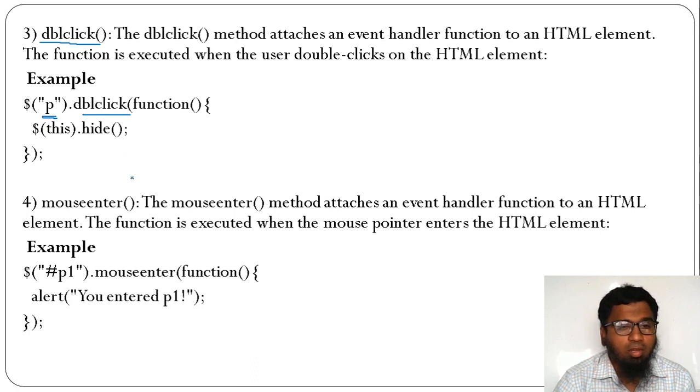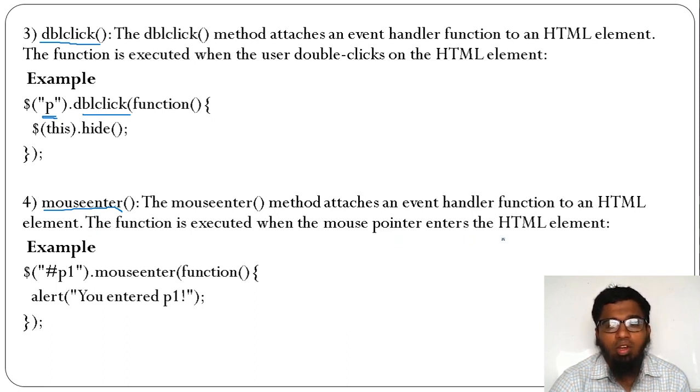Fourth one is mouse enter. The mouse enter method attaches an event handler function to an HTML element. The function is executed when the mouse pointer enters the HTML element. What is this hash P1? Hash P1 is an ID.